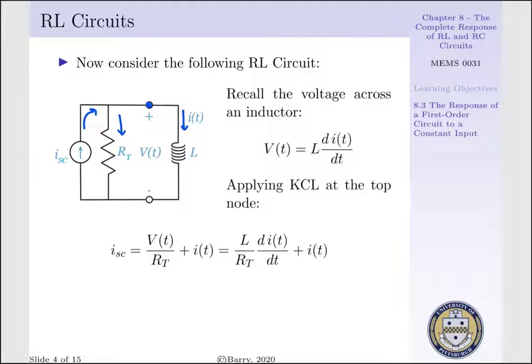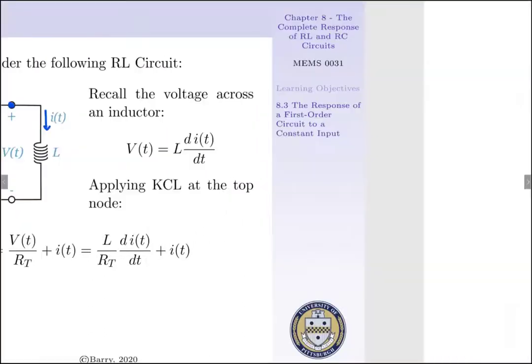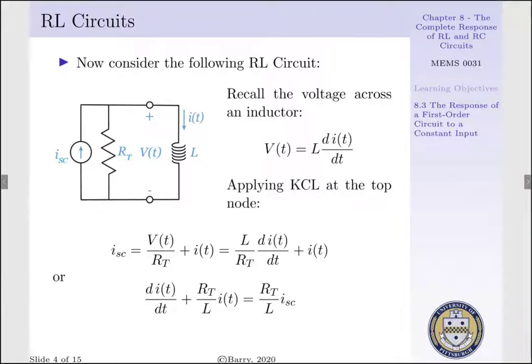If we recall our voltage potential across our inductor being L of di of t dt, we can say I sub SC is equal to L per R of t, di of t dt, plus I of t. Or if we express this in terms of our highest derivative, di of t dt plus R of t per L I of t is equal to R of t per L I_SC.